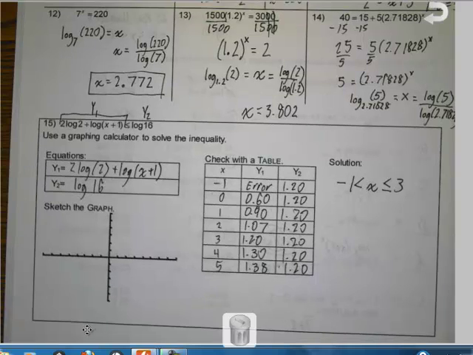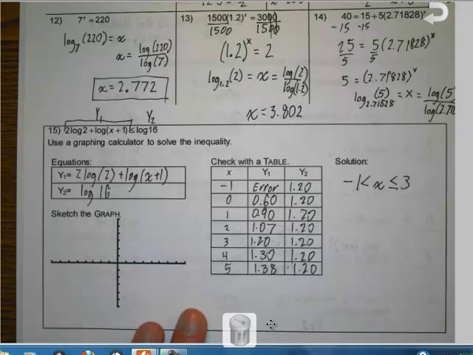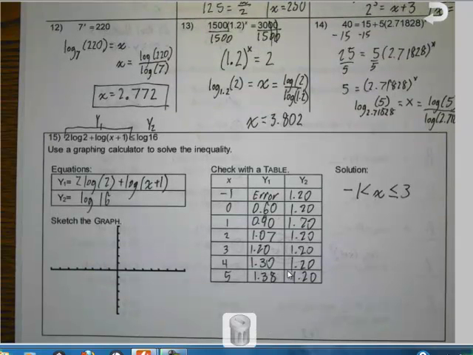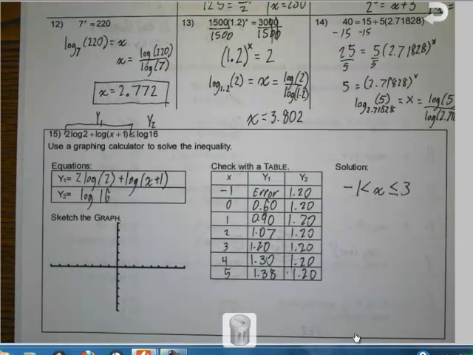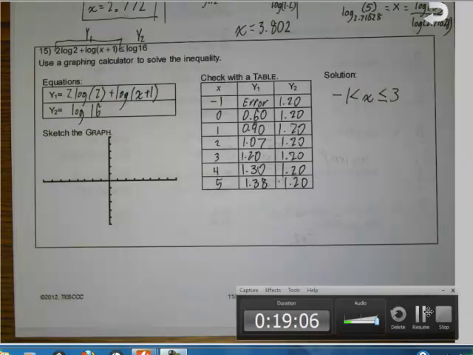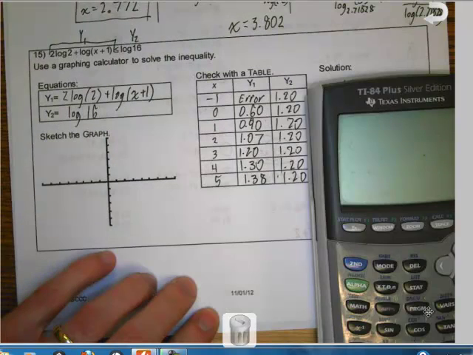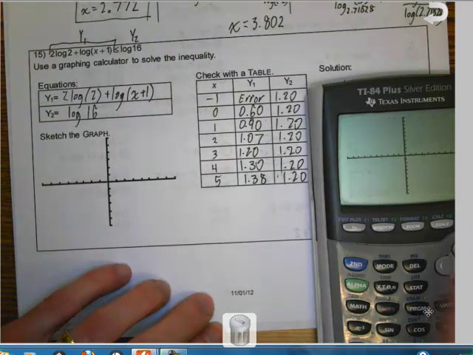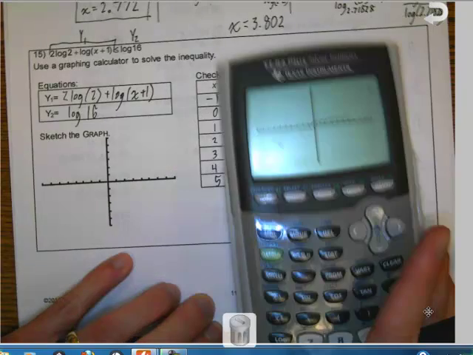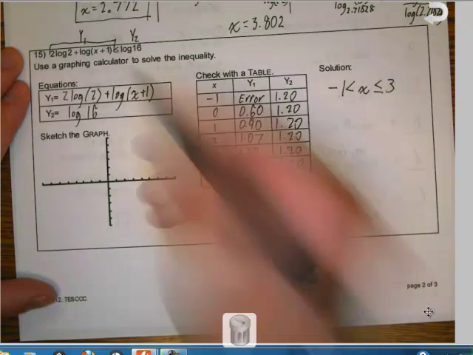We'll get to the graph. You wrote it down on the graph. On the table, we got 1.30, yes. All right, and so when you go for the graph, as you can see, you have an initial curve, and then you have a horizontal constant line at 1.2.